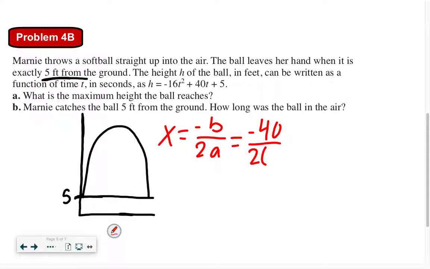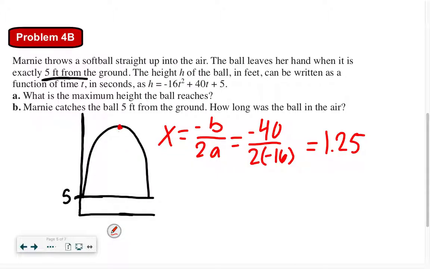What's my a? Good, negative 16. Put that in your calculator and we get out 1.25. So that's the x coordinate of what? My vertex. Vertex is always the peak.